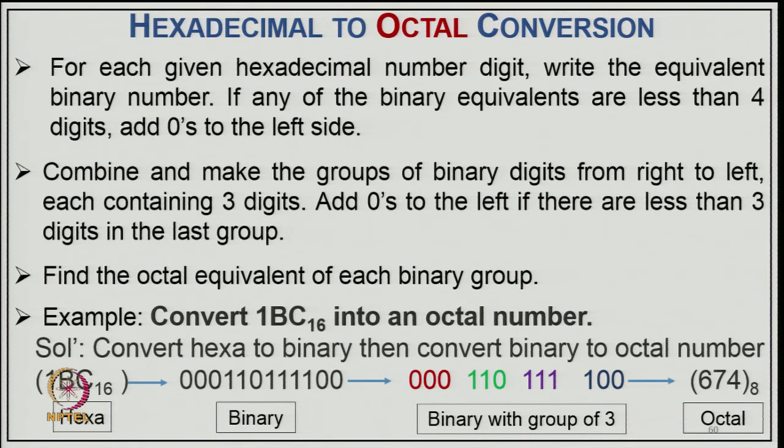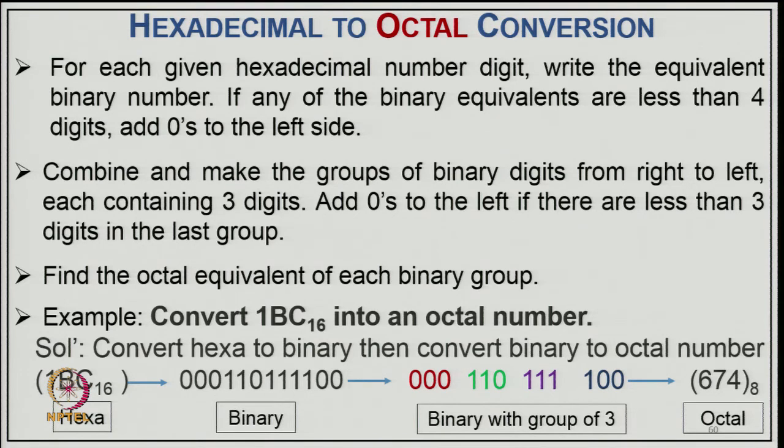An example here: convert 1BC (base 16) into an octal number. So, convert hexa to binary and then binary to octal. C is 1100, that is equivalent to 12, and then B is 1011, and 1 is 0001. So, that is binary.